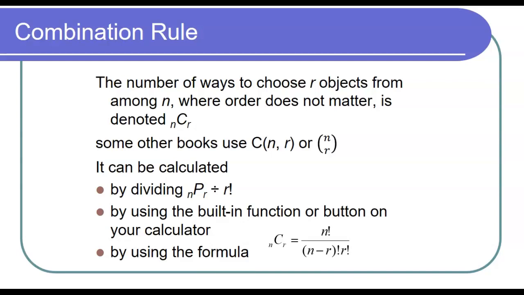Or the formula for nCr, if you just want a formula that you can plug the n and r numbers into, would be n factorial on top divided by (n minus r) factorial times r factorial on the bottom. You'll notice that looks a lot like the formula I showed you earlier for nPr, but it has an extra r factorial in the denominator. So that would be like if you took nPr and then divided by r factorial.